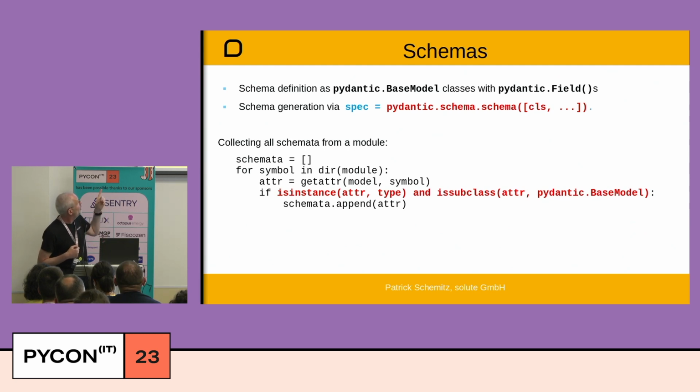And then we can check if the attribute is a class and a subclass of Pydantic base model. And if this is the case, then we can include it in our list for pydantic.schema.schema. By the way, we could also have used something in the inspect module, inspect.isclass, to figure out whether it's a class.